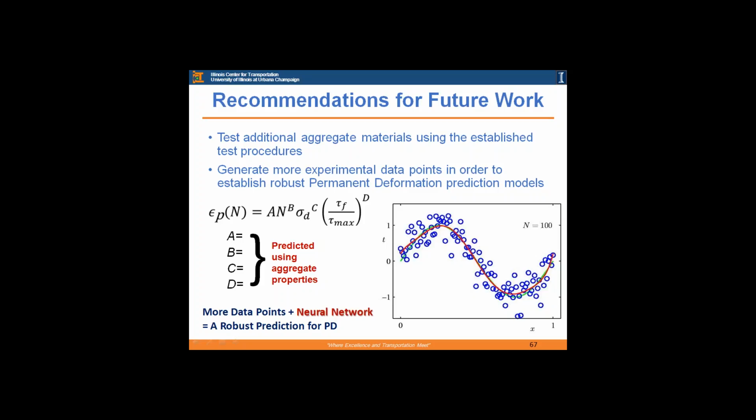that's a good point. But then eventually in the model it comes up as tau F over tau max, which is a ratio, just like Issam was saying, 0.25 or 0.5, and that ratio can come up the same for two totally different materials.